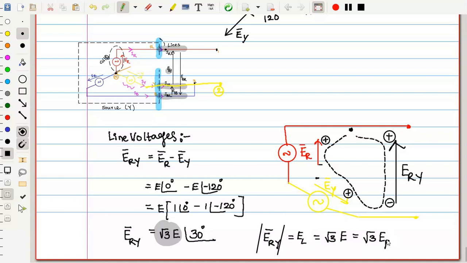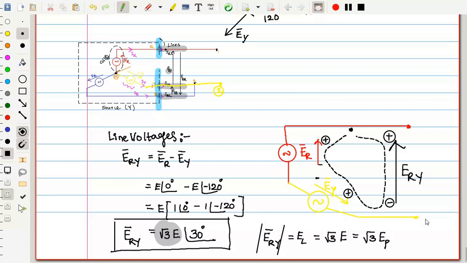If EP is given, root 3 times EP is EL. If EL is given, EP is equal to EL by root 3. Got it? Yeah. So this is very important. And now keep this expression aside. We will refer to this expression again after deriving the remaining two line voltages while plotting the phasor diagram.